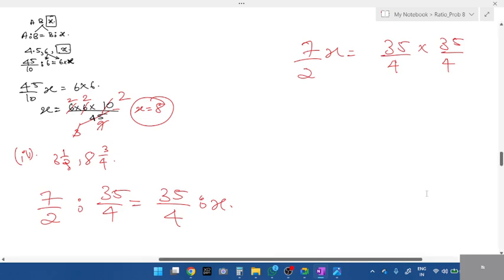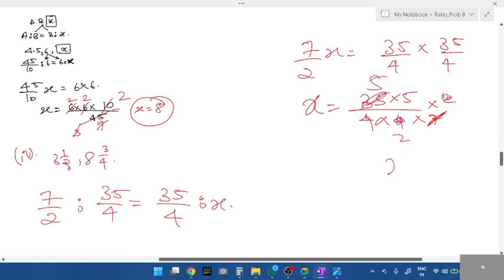What's the answer? 21/7. 21/7 by 8? How can it be 21?